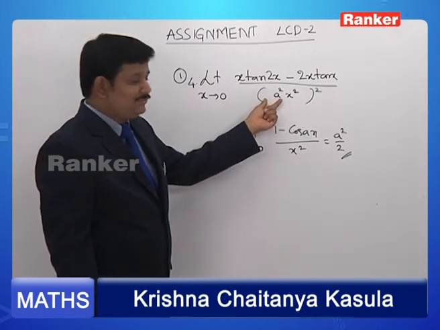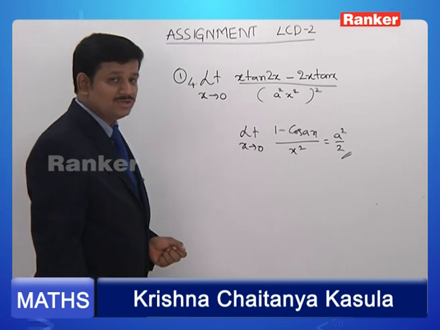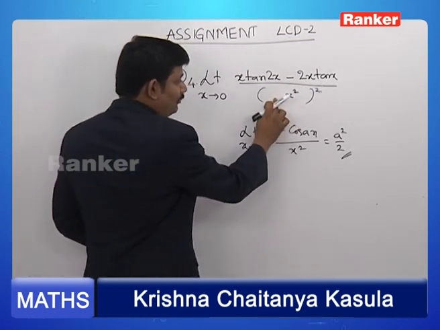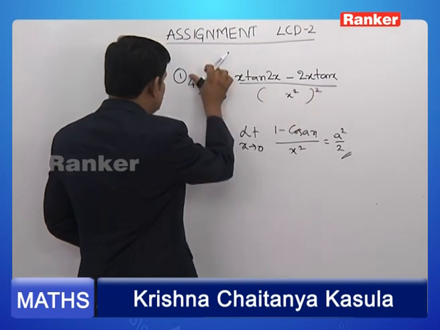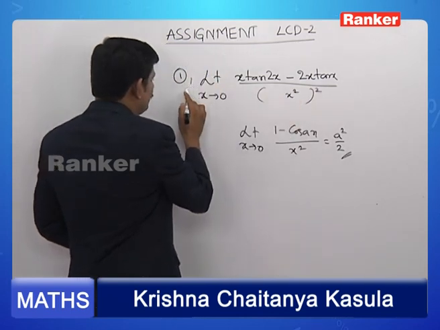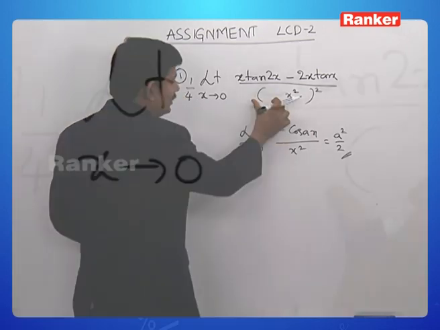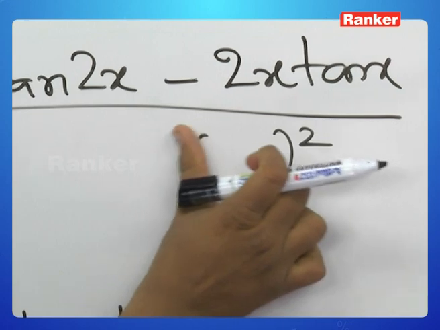And we have in place of a in this particular question 1 minus cos 2x. So, this will also be 2 square by 2, 4, and 4 square is 16, 4 by 16 is 1 by 4. And x square whole square, we can see it as x power 4.